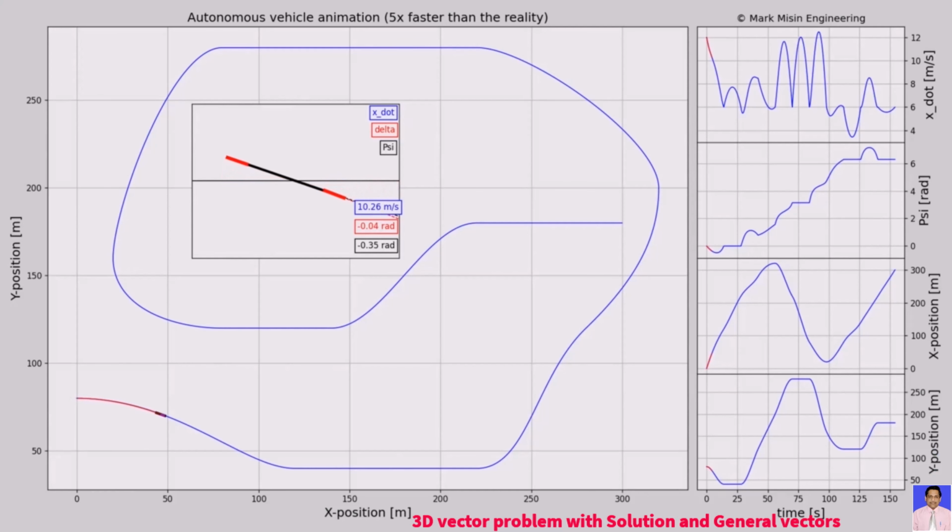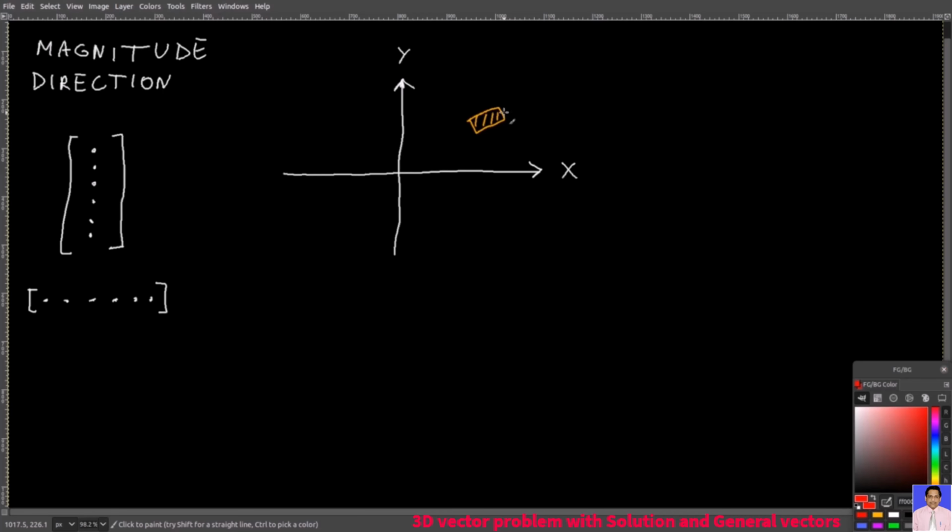For example, in one of my autonomous car courses, I need to keep track of certain things about the car relevant to me, so that I could build a controller that allows the car to autonomously track a trajectory on this XY plane. I have to keep track of the car's longitudinal velocity.